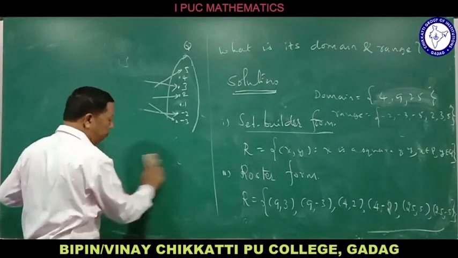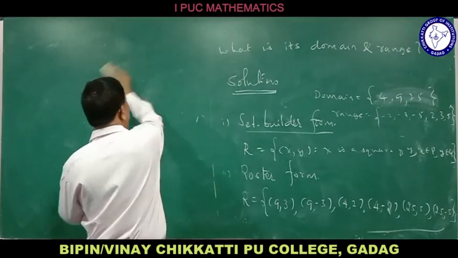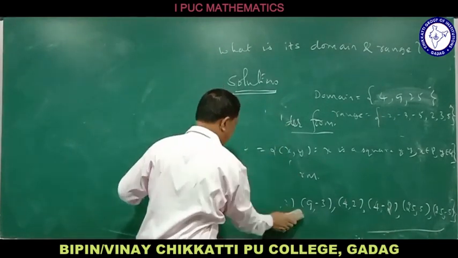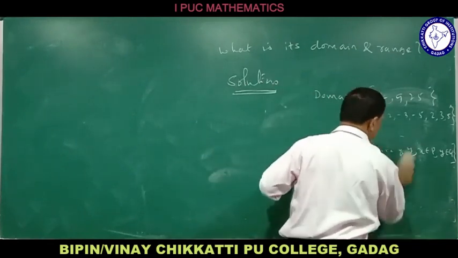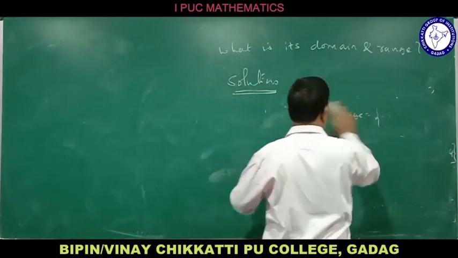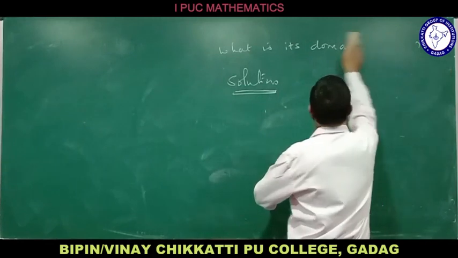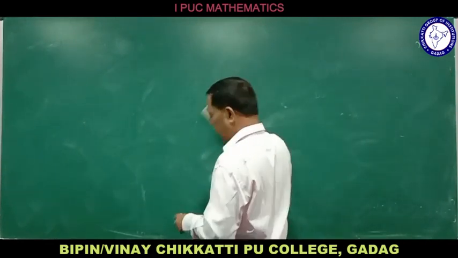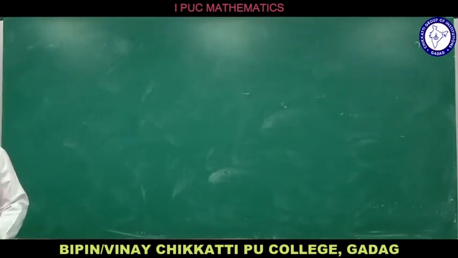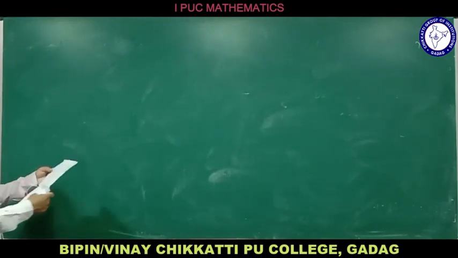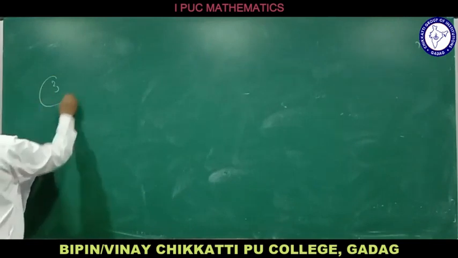First I write the problem, go through it, analyze it, and start writing the required answer. Basically, you must know domain, range, codomain, the definition of a relation, and also writing the relation in set builder as well as roster form. See this last problem number 3.